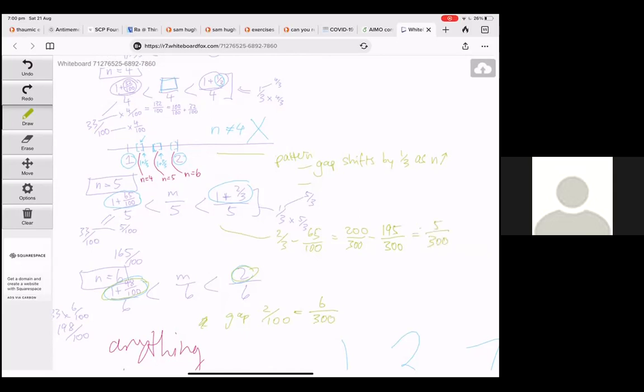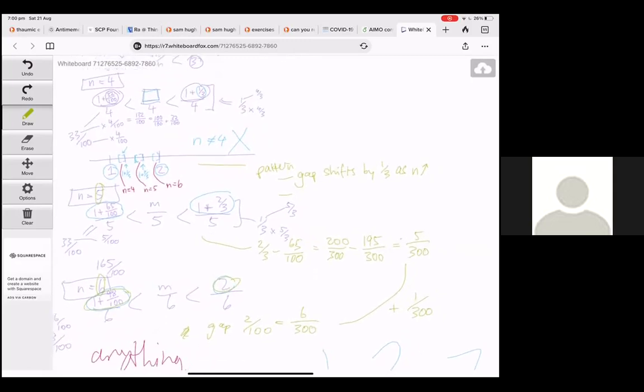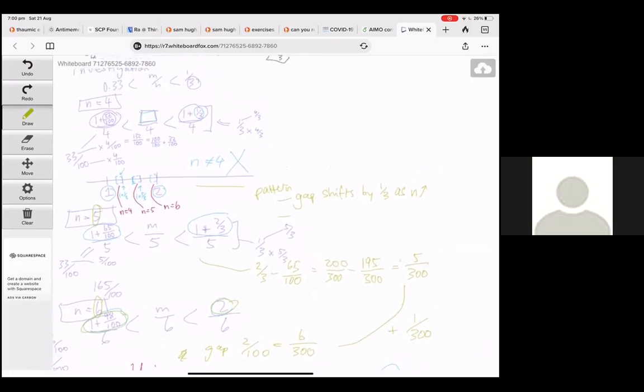So we can already see that from n equals 5 to n equals 6, the gap has already grown by 1 on 300. And I think you can guess what the gap is here. The gap is probably going to be 4 on 300 to follow the pattern, but let's check. So what's the difference between the rightmost value and the leftmost value?